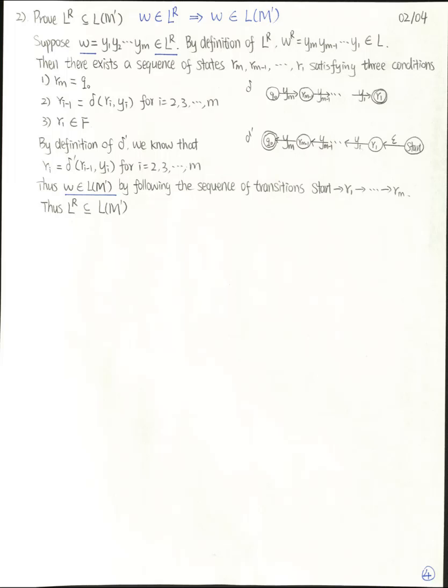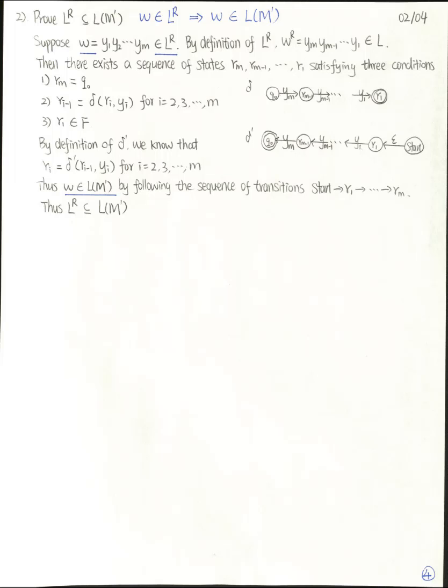By definition of LR, I can construct a new string, WR, which is Ym minus 1 all the way to Y1. This string should be in L. Alright, so this WR is in L.